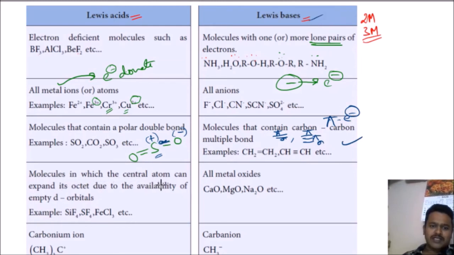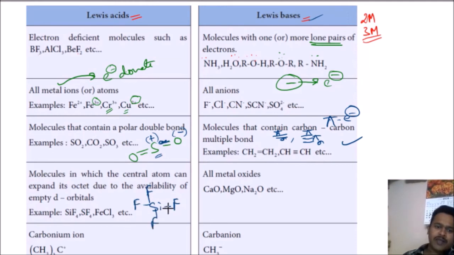Molecules in which the central atom can expand its octet due to the availability of empty d orbitals. See here SiF4, one fluorine here, one fluorine here, one on this side, one on this side.